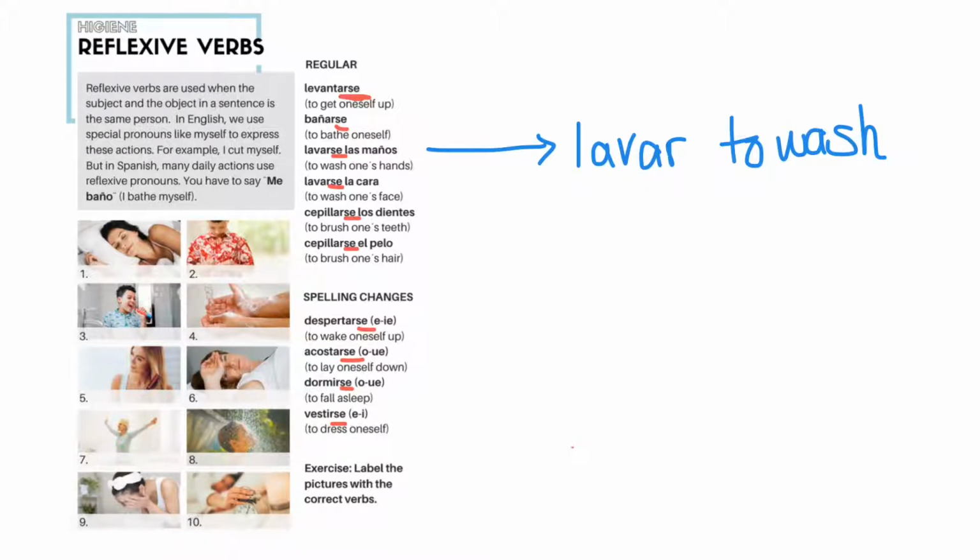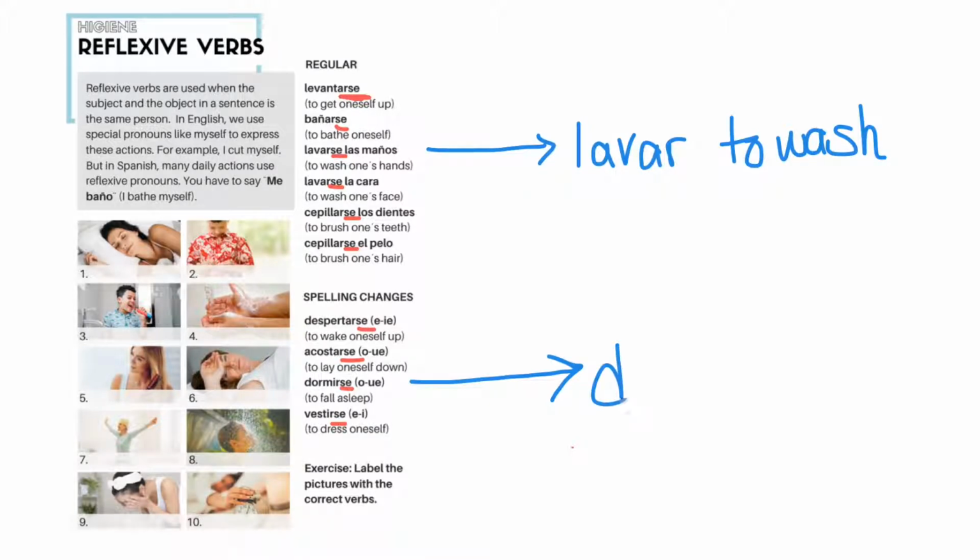We wash clothing. So it's really important to understand that every verb could be reflexive if you're doing it to yourself. And every reflexive verb we see here could not be reflexive if we're not doing it to ourselves. If I'm getting my daughter up, bathing my daughter, if I'm washing her hands for her. It's not as common, of course, but it is possible. So it's really important to understand that.